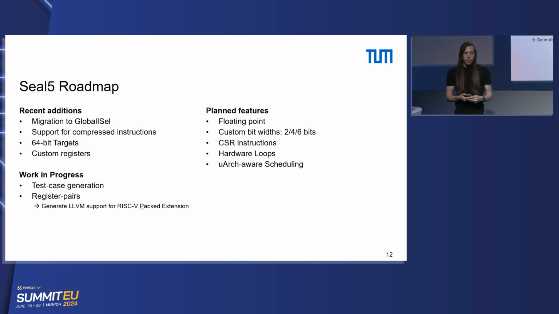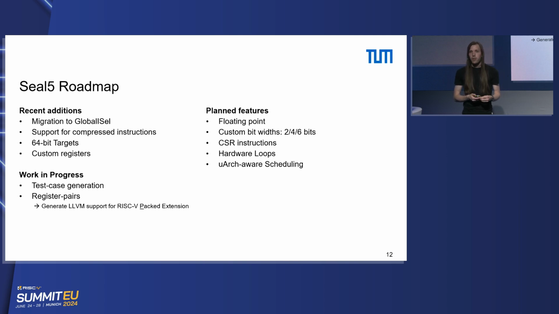Before I conclude my talk, I would like to talk about the recent developments in the CL5 project. We have migrated to GlobalISel this year because that's an alternative to the selection DAG and will eventually be used quite a lot in the future in LLVM. And we have just added support for custom instructions, 64-bit targets and custom registers.